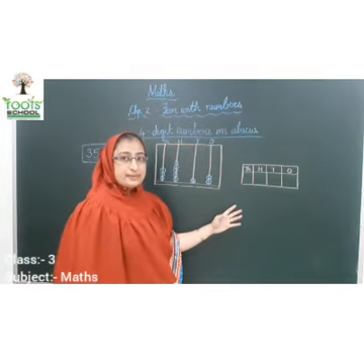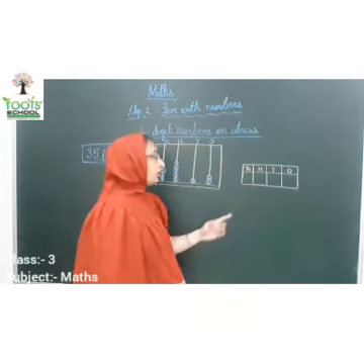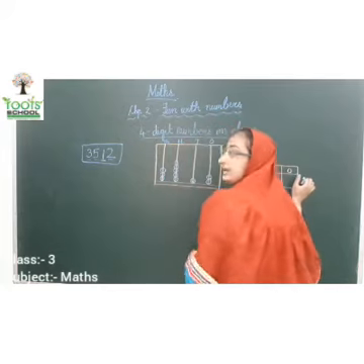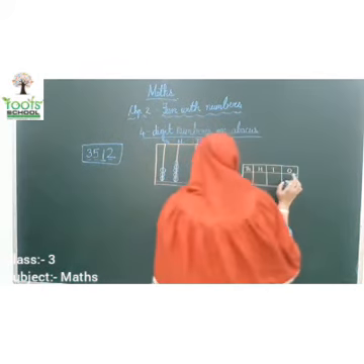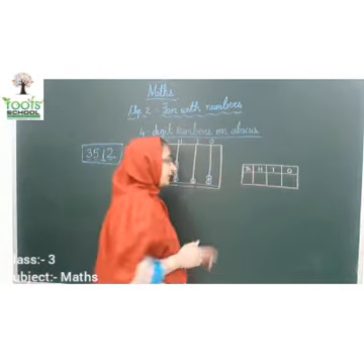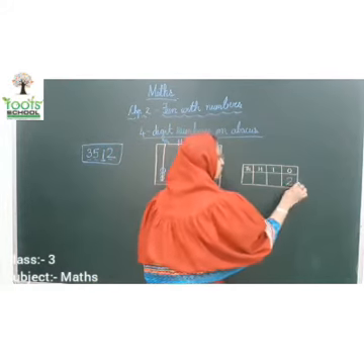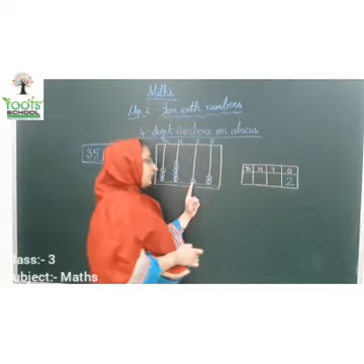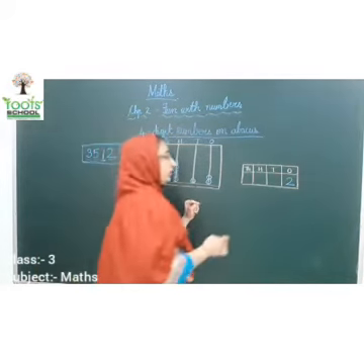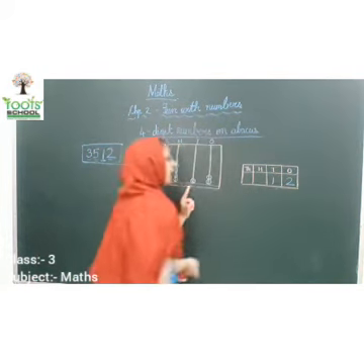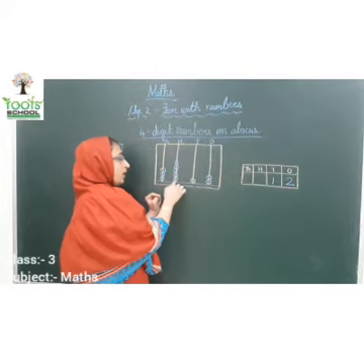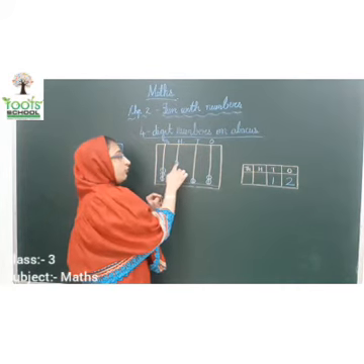Now we have to write this number in the place value. Here you can see there is a place value table which ma'am has drawn. Now you tell me, under ones, how many beads can you see? 1, 2. So you will write number 2. At the place of tens, how many beads are there? 1. So you will write number 1. At the place of 100, 1, 2, 3, 4, 5.